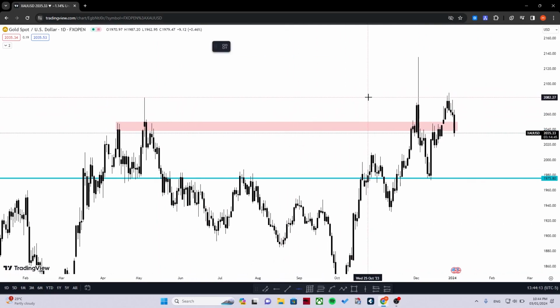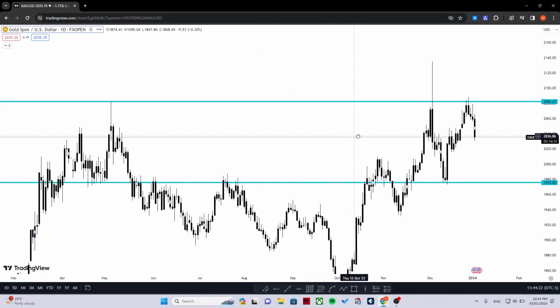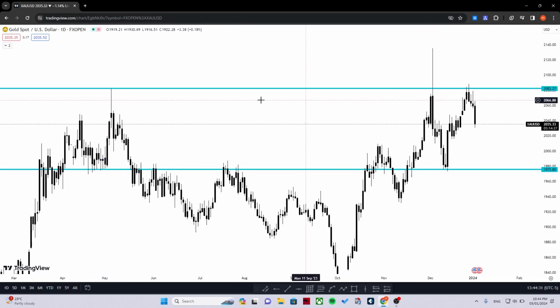Okay, so basically we have this area. Why is this our resistance? As you can see, it retested this area, this one in April, in May, this one in December, this one in December also. So it retested this area, retested this area.